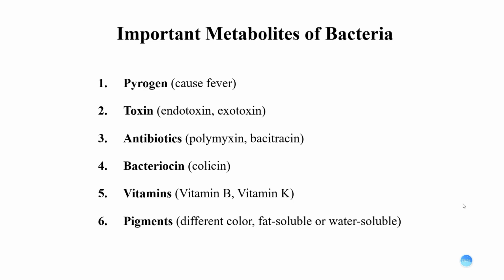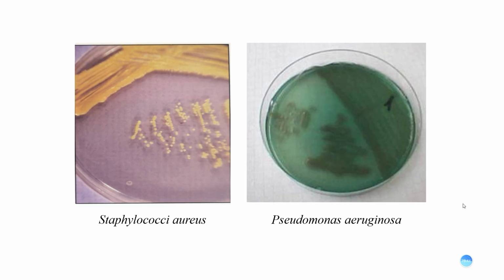Or some bacteria can produce molecules with color, pigments. Pigments can be fat soluble or water soluble. Pigments can be different colors, black, red, yellow. Here are some examples. A famous example is Staphylococcus aureus, a very important human pathogen.